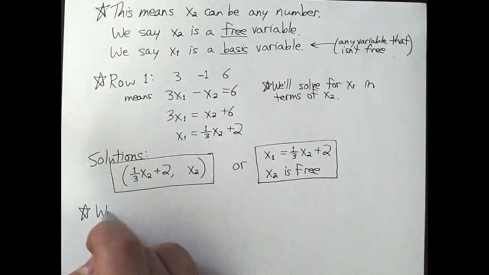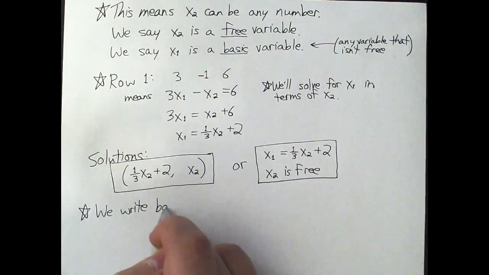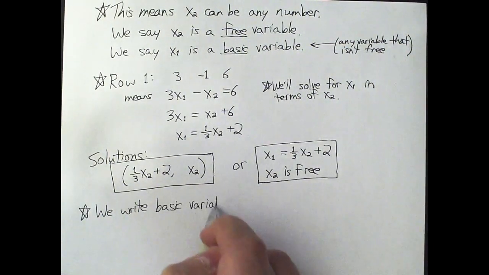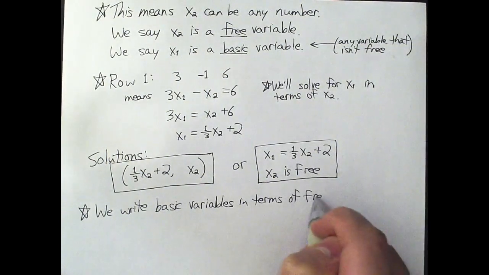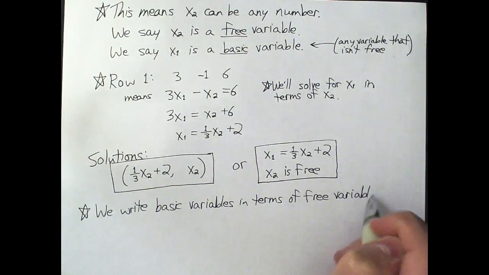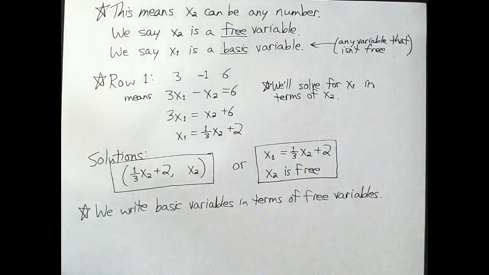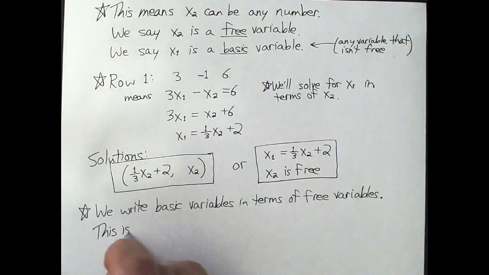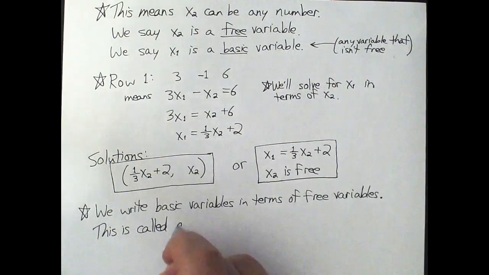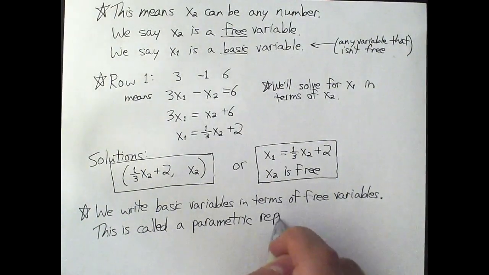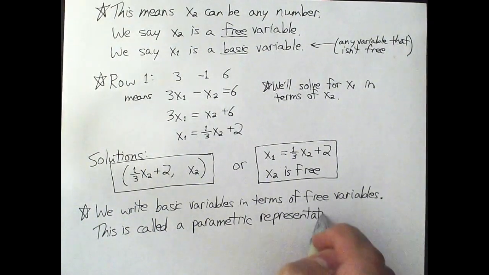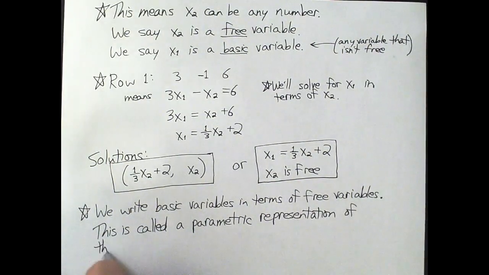In general, we write basic variables in terms of free variables. All right, so we just say x2 is anything, and x1 is something in terms of x2. This is called a parametric representation of the solution set.